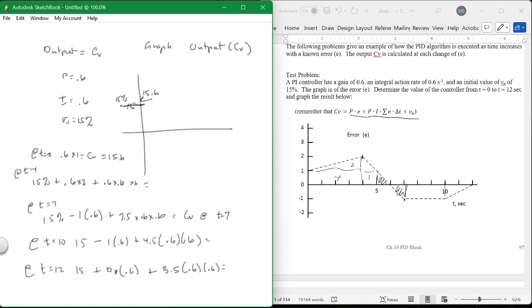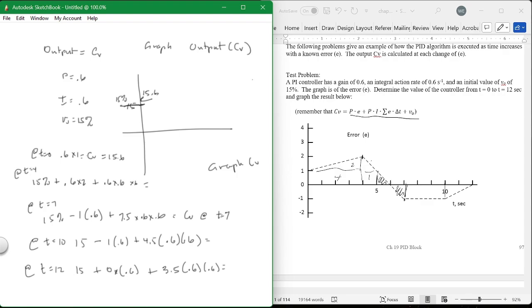So I'm asking you to be able to graph the output, CV. Any questions anybody's got? I went through this kind of fast, but does anybody have any questions about how this is done? Hopefully not, but it's a way of understanding how a PID algorithm actually works.